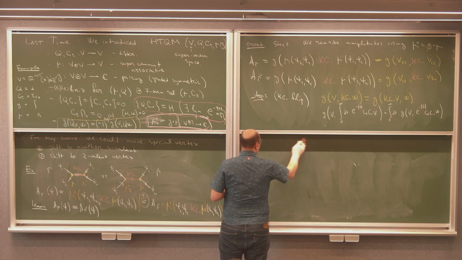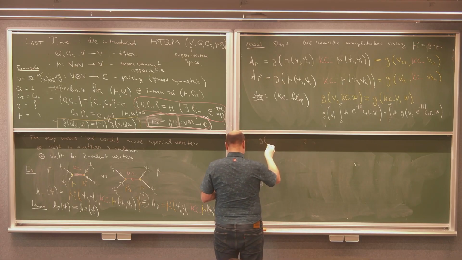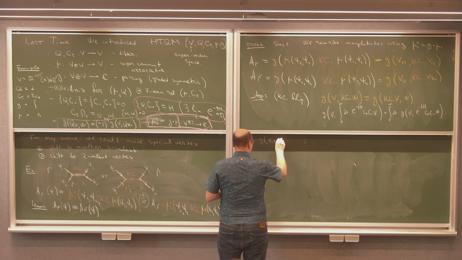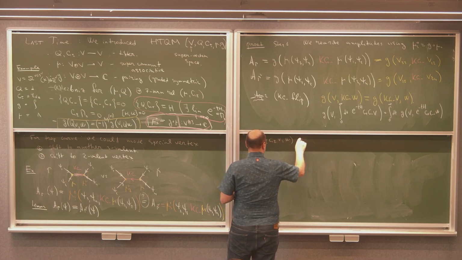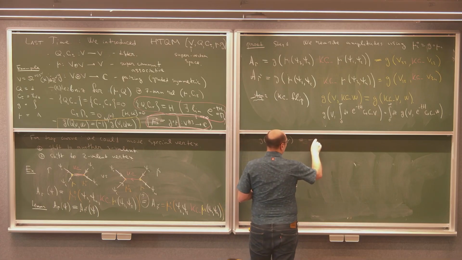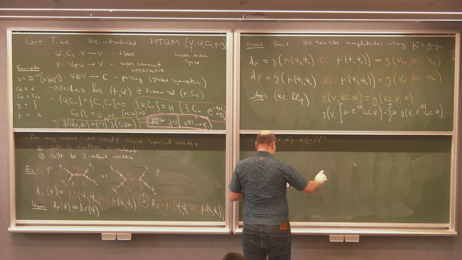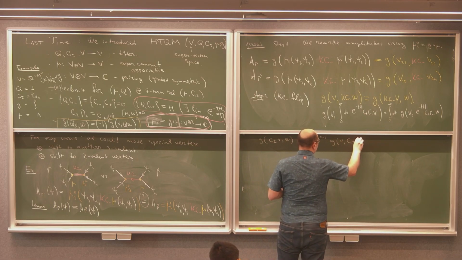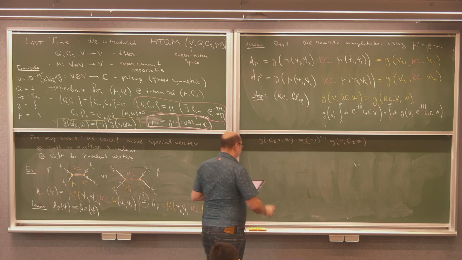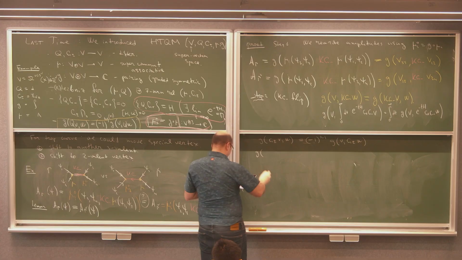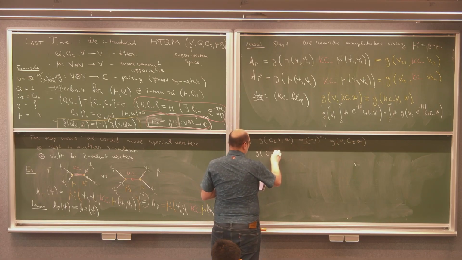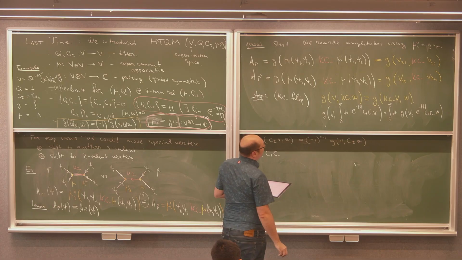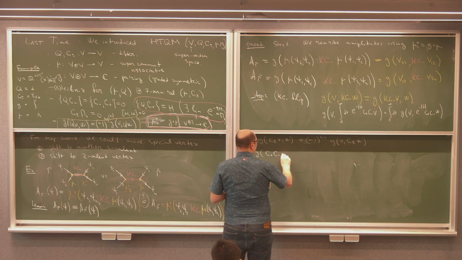So, okay, let us recall this property that the pairing of g plus minus v with w equals minus 1 to the parity of v, pairing of v with g plus minus w. So now we need to use this property twice. So we have g plus, g minus v, and w.